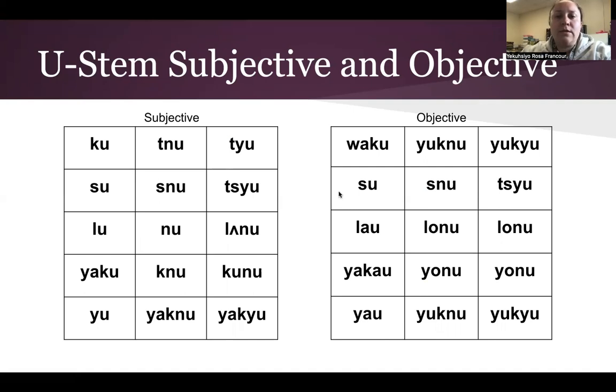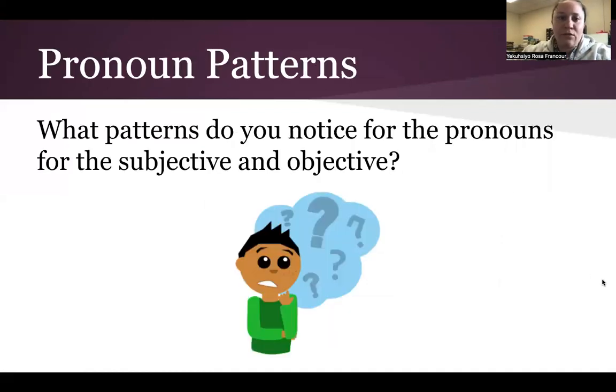Objective: wagu, zoo, lao, yagao, yao, yungnu, snoo, lonu, yonu, yungnu, yungyu, ju, lonu, yonu, yungyu. Okay, so those are our pronouns for both the subjective and objective of the use stem.